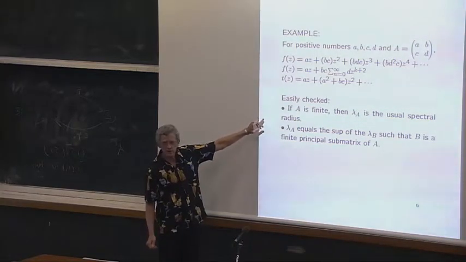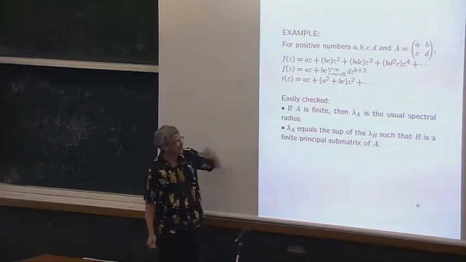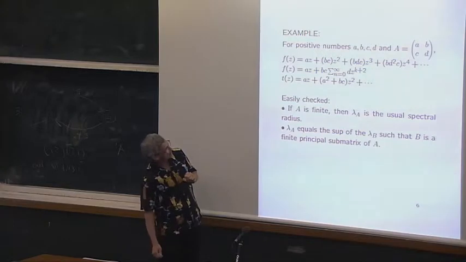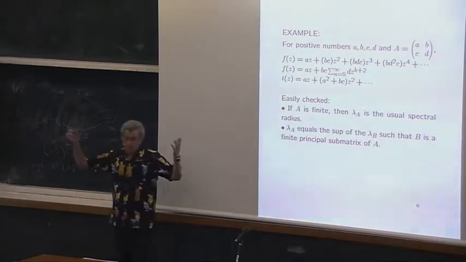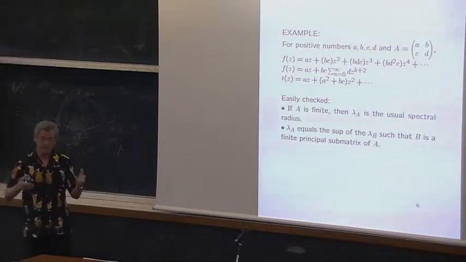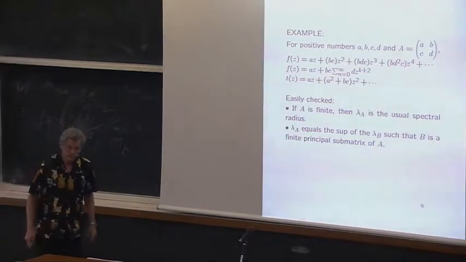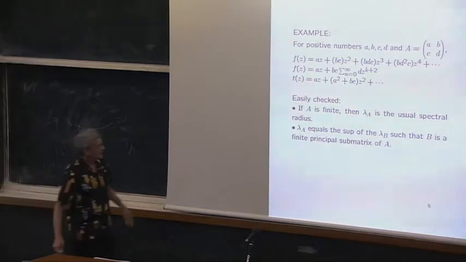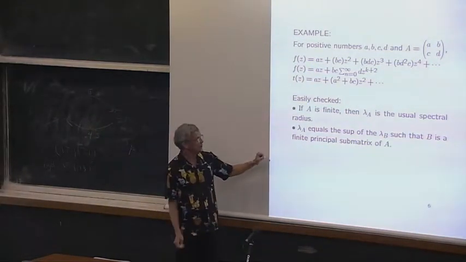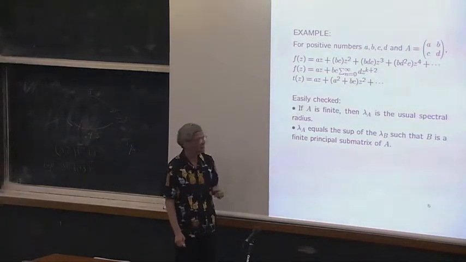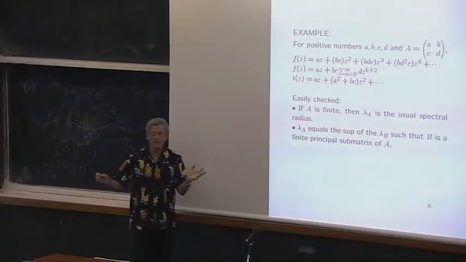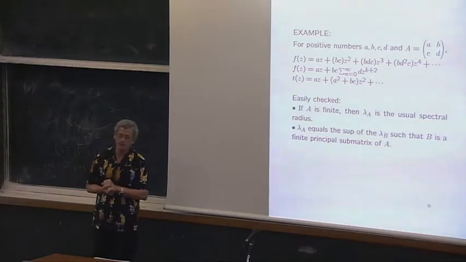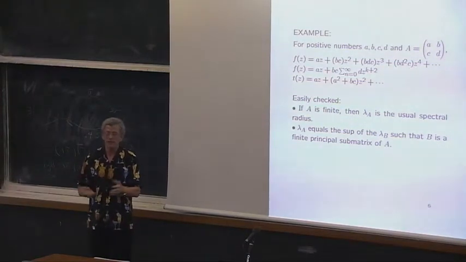Now, what's easy to check is that if A is finite, then lambda A is just the usual spectral radius by the spectral radius theorem. Right? The spectral radius is the growth rate of the entries of the matrix. And also, this lambda A we've defined is the supremum of the lambda B such that B is a finite principal submatrix of A. Okay, well, that's a good sign.